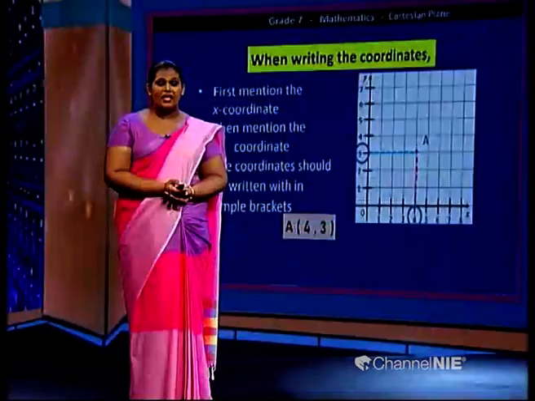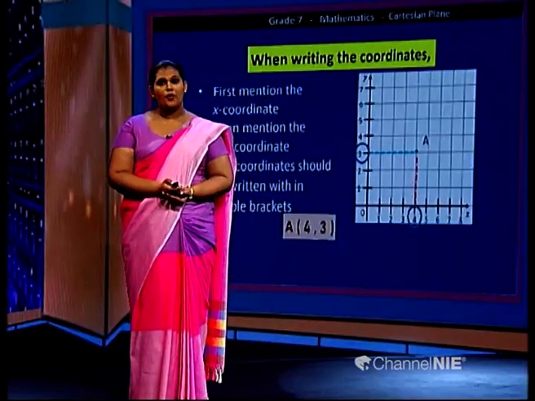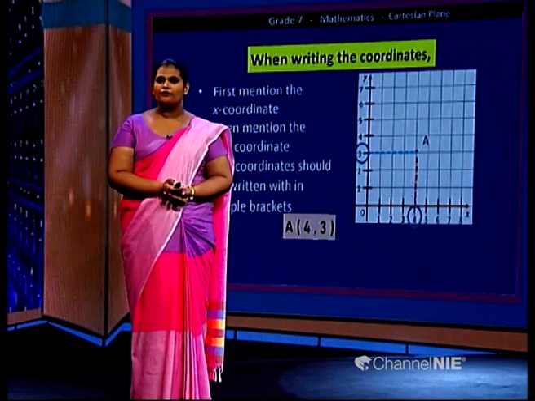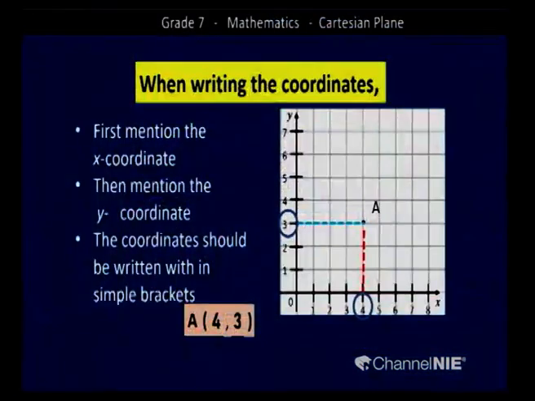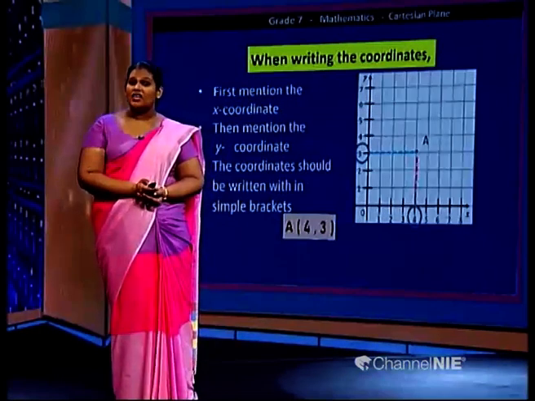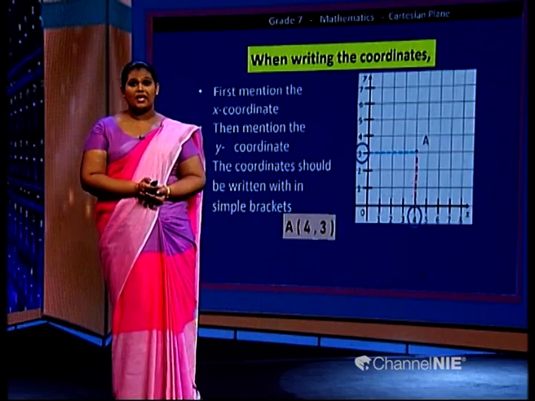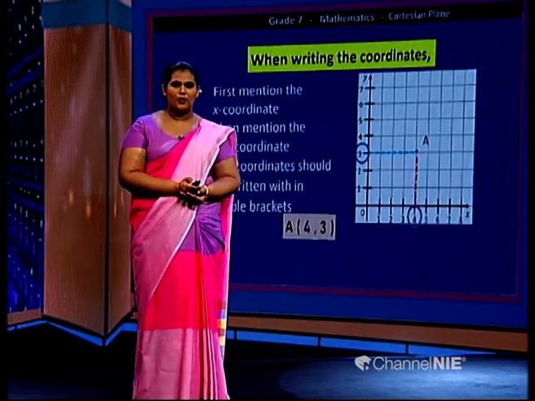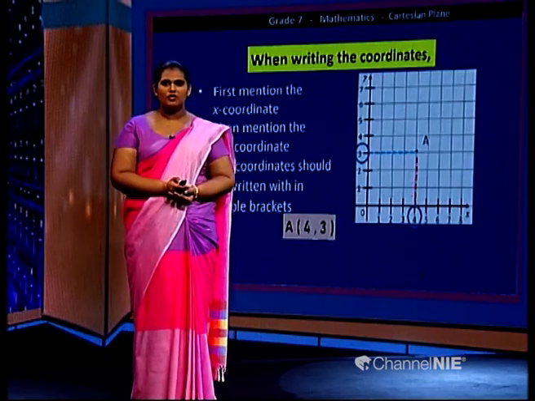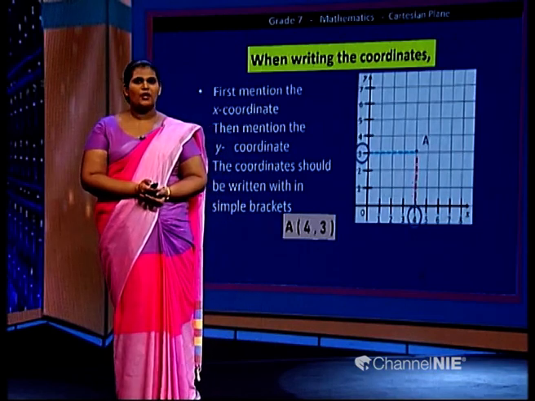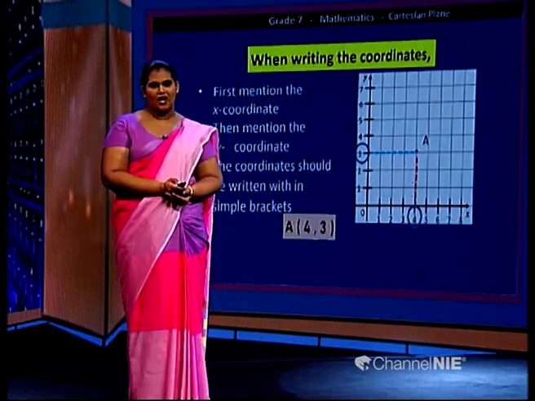Then I can write the coordinates of point A as (4, 3), and you have to mention it within brackets. These coordinates are sometimes called ordered pairs as well. So, you might come across both words when you are doing questions on the Cartesian plane.